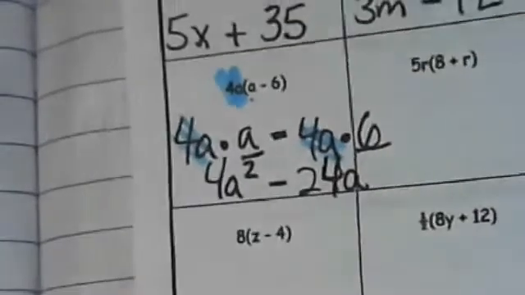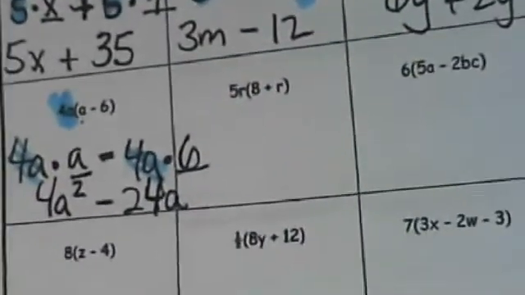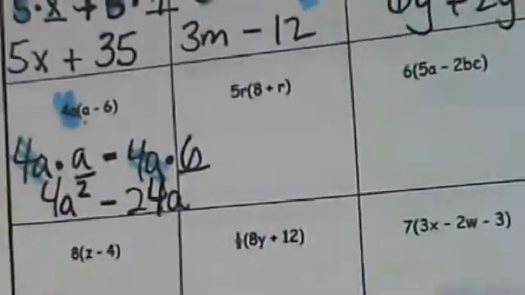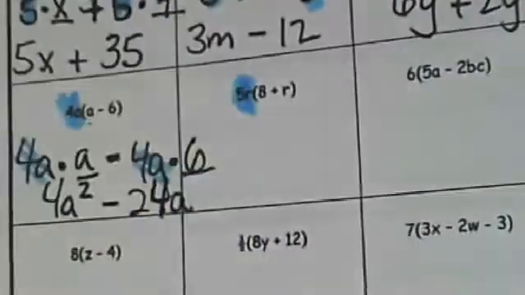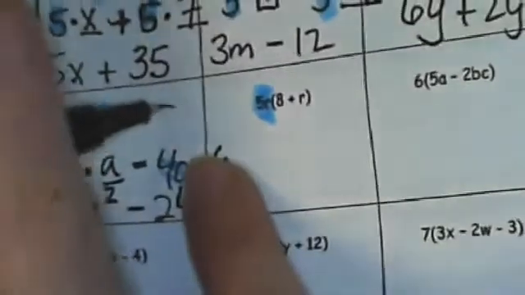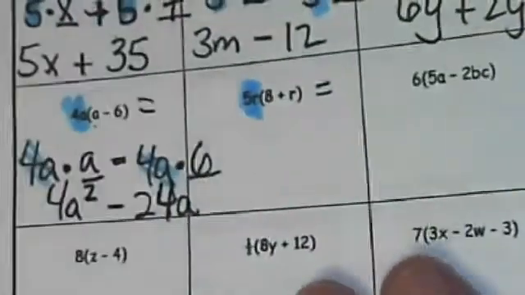And then see this one, 5r is on the outside. So I'm going to write, remember to put your equal signs, because both sides should be equal.